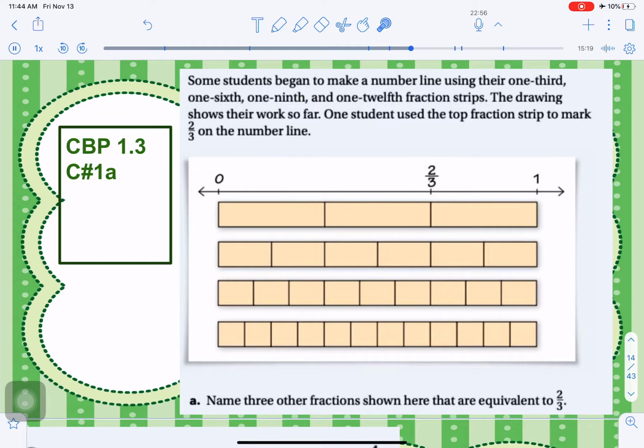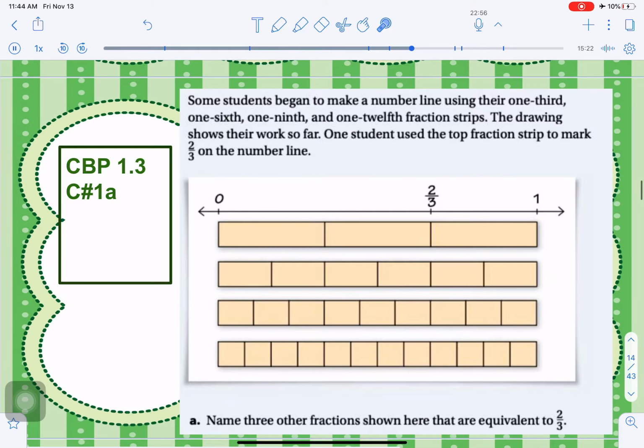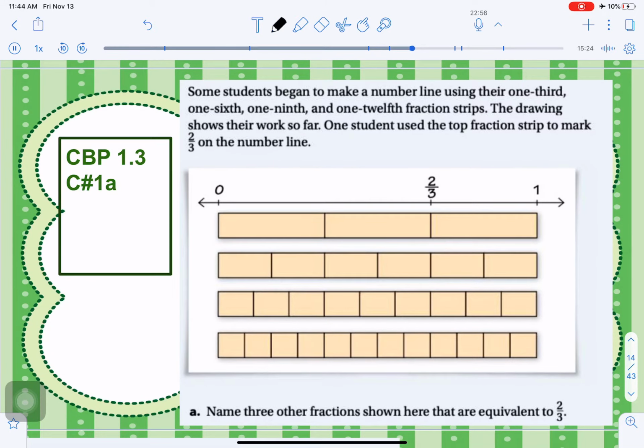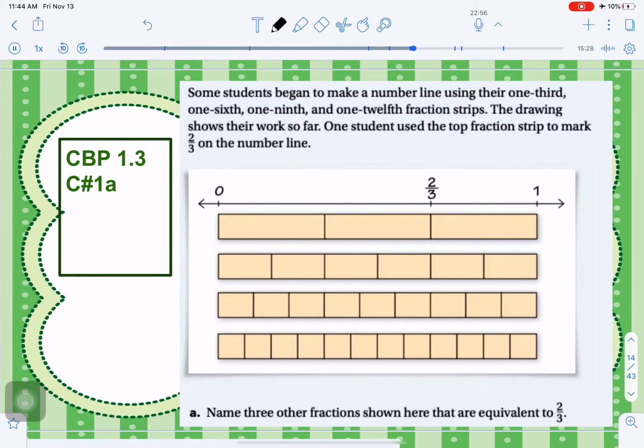Okay, welcome back. Thinking back to what we did with that warm-up, we do see that the very first example they gave us is divided into 3. So it does show that if there are 3 different parts, the denominator will be 3, which they did. And because they're using 2 parts of those 3, they labeled it 2/3 right at that mark from 0 to 1.